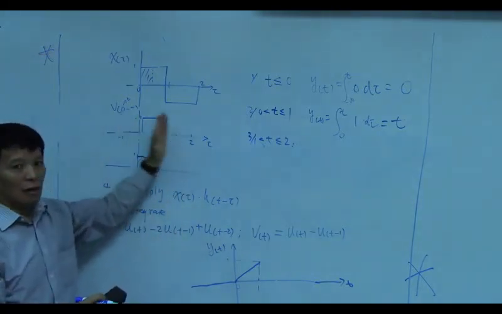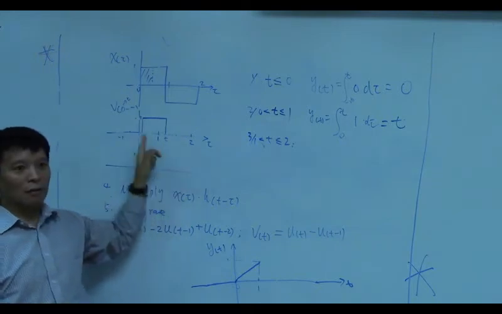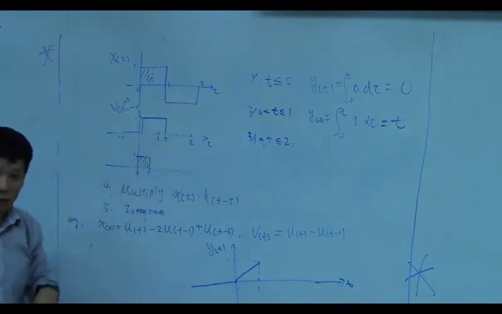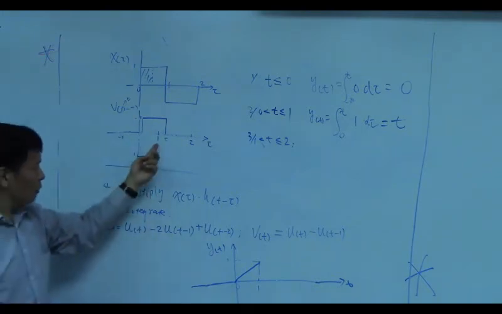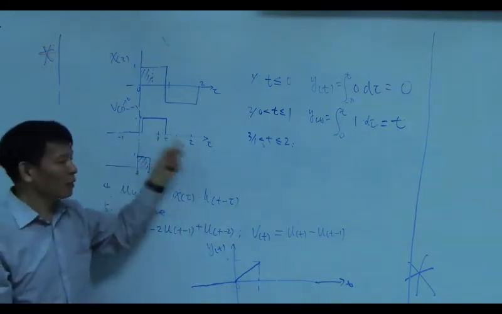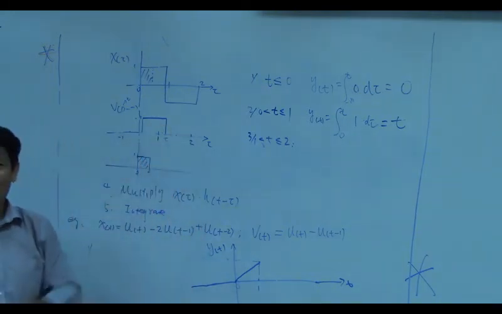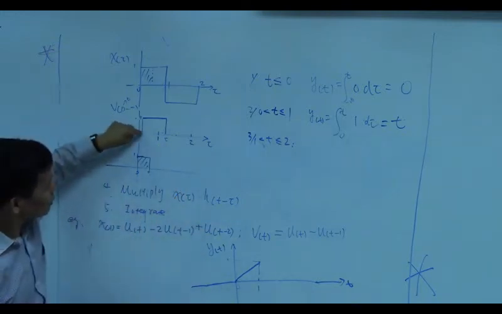So you just slide this one past this one, then before this 2, anywhere in between 1 and 2. For example, t is here. What is it? I don't know. Maybe 1.1, 1.2, or maybe. Any value between 1 and 2. I just represent it with a t. What is this value?